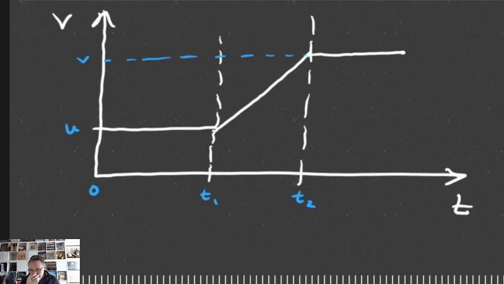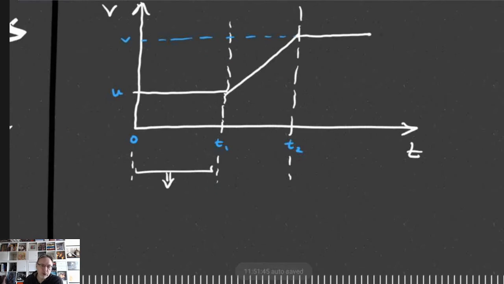We've got 2 different parts of the motion here: the first part from 0 to t1, which is constant velocity, and the second part from t1 to t2, where the velocity is increasing. So let's take them individually. From 0 to t1, the velocity is a constant.